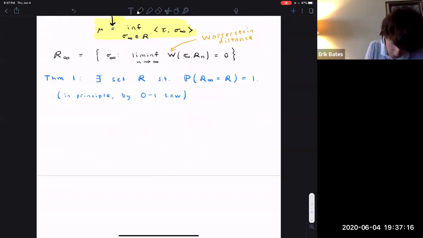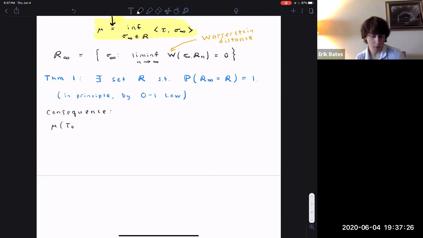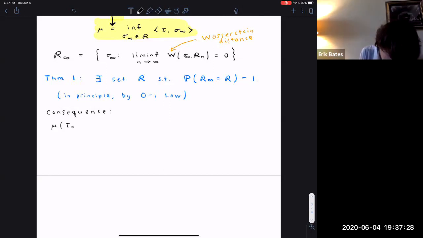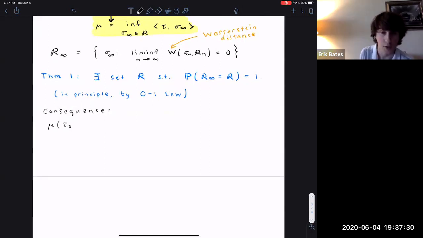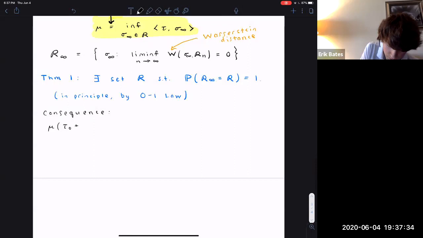So what is the consequence of this variational formula? Well, let's say that I took a fixed beginning measure or a fixed beginning function tau 0. So tau 0 is just some measurable function on 0, 1. And then I add a perturbation. So I add h times tau 1.